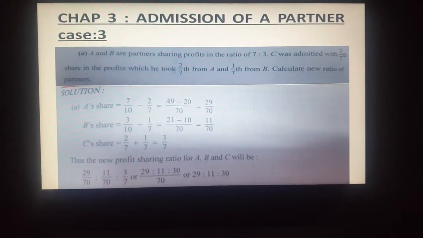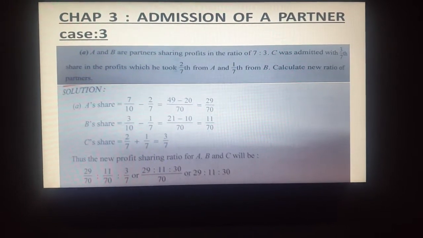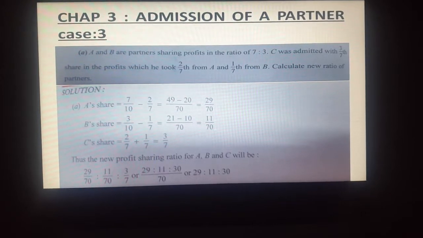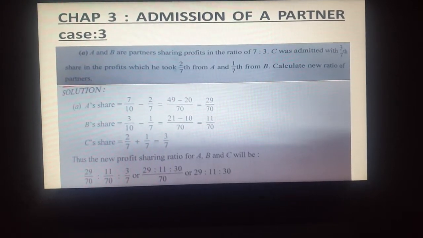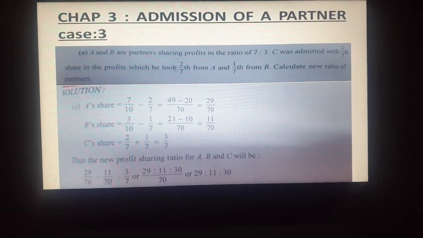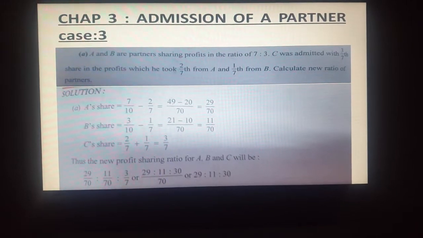Now you have to calculate the new ratio. As I already told you, the new ratio formula is old minus sacrifice. Here are A's share, B's share and C's share. A's old share is 7/10 and A's sacrifice is minus 2/7.